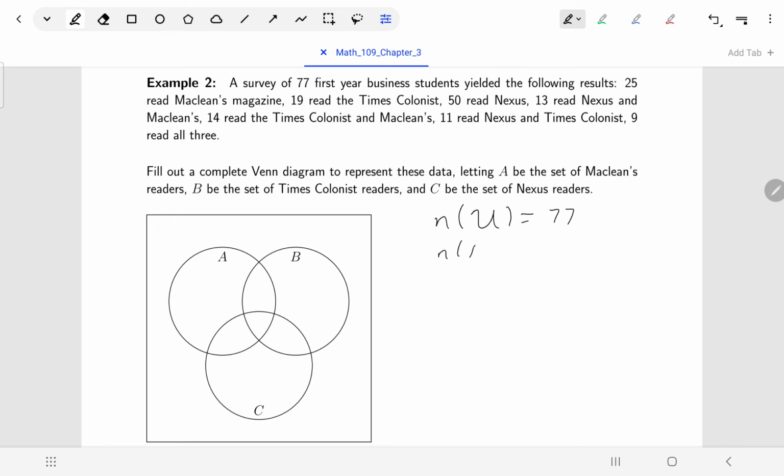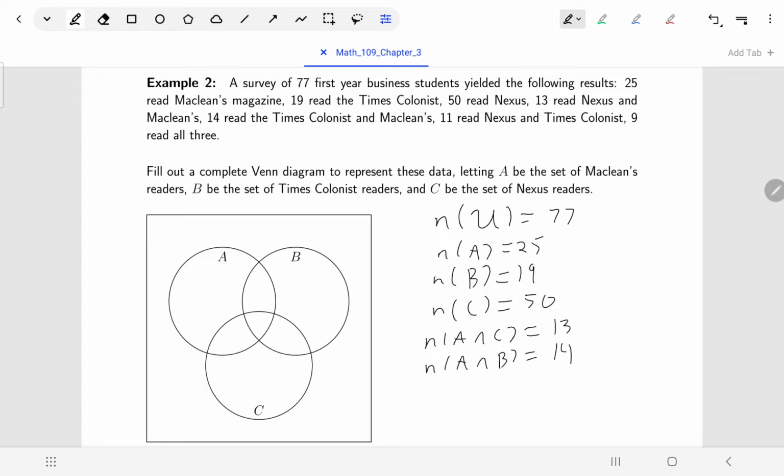25 read Maclean's, that is the number of things in set A. 19 read Times Colonist, that's the number of things in B. 50 read Nexus, so that's the number of things in C. And now a whole bunch more information. 13 read Nexus, which is set C, and Maclean's, which is set A. So those 13 people are inside of A intersect C. 14 read Times Colonist, which is set B, and Maclean's, which is set A. So that's being inside of A and also B. There's 14 folks there.